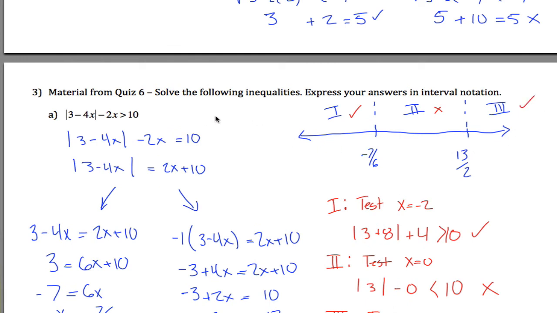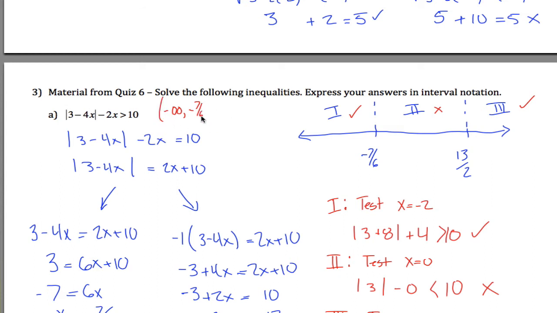So what that tells me is that my solution is all the numbers in region 1 and all the numbers in region 3. If it didn't tell me to use interval notation, I could just say that, maybe even draw this picture and trust that the grader knows what I'm talking about. I'm the grader. But since it says interval notation, let's write it that way. Everything from negative infinity, or the infinity sign if you prefer, all the way up to negative 7/6.